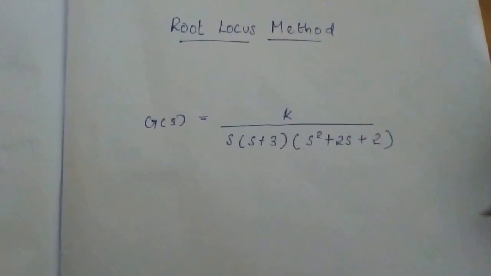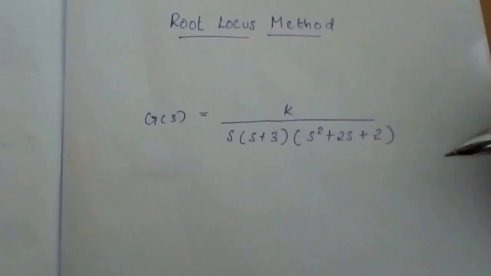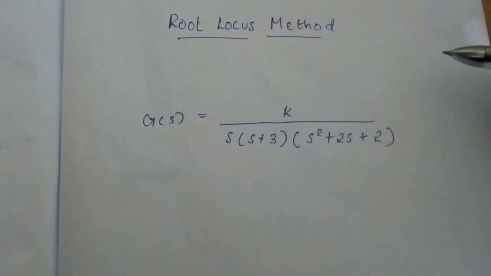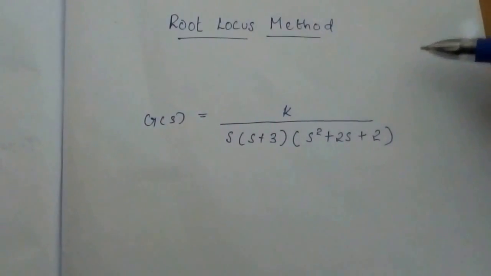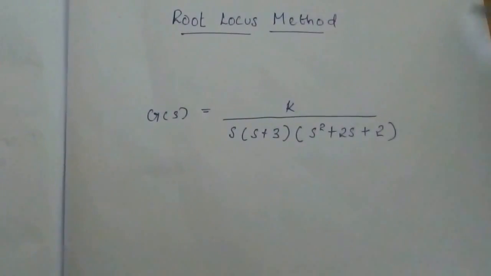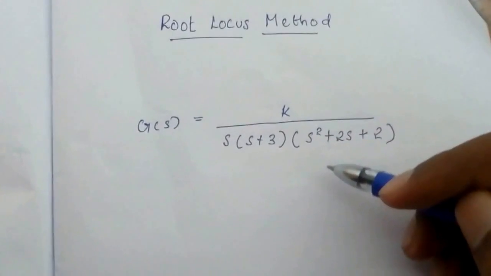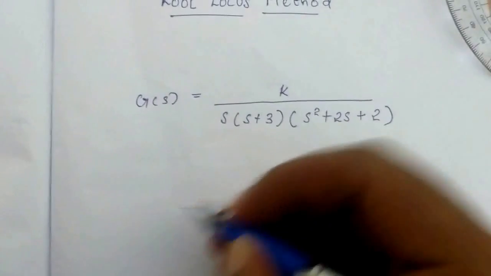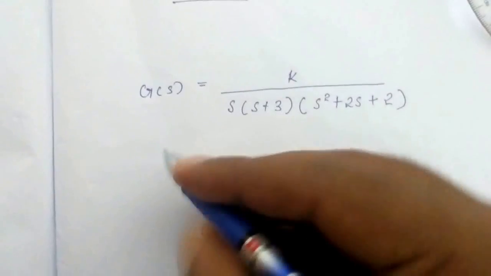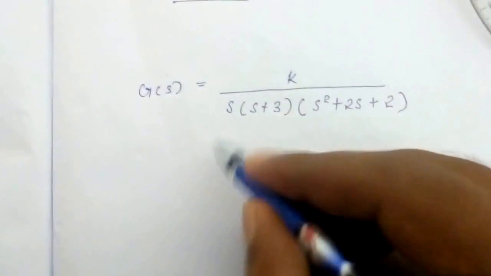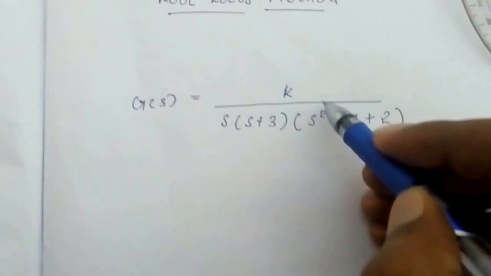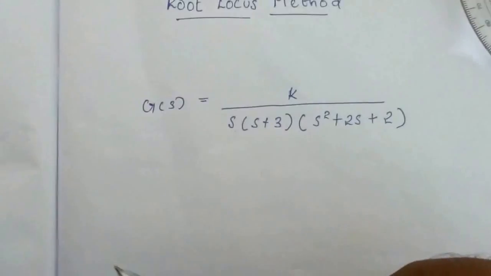First of all, when you are going to solve a problem, start with finding the open loop poles and open loop zeros of that equation. There are no zeros in this equation when we look at the numerator.